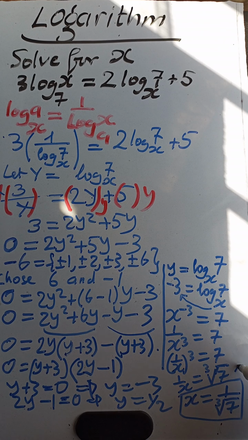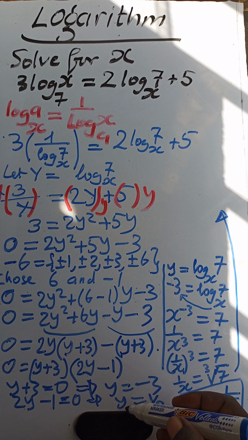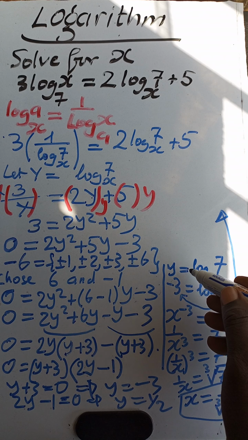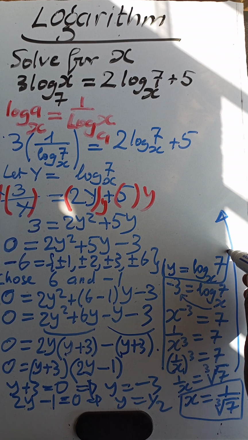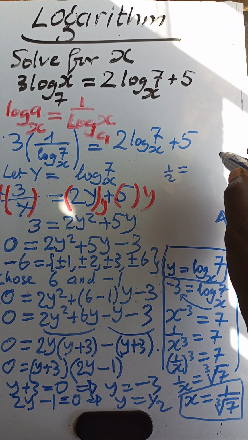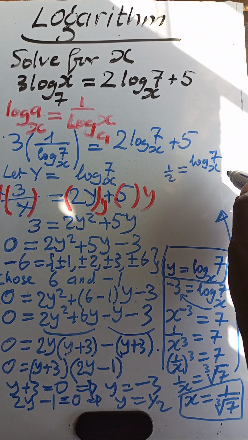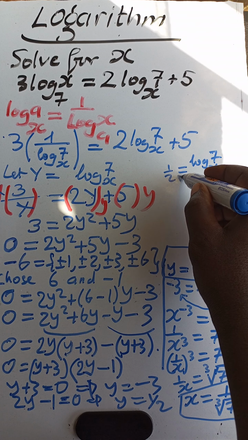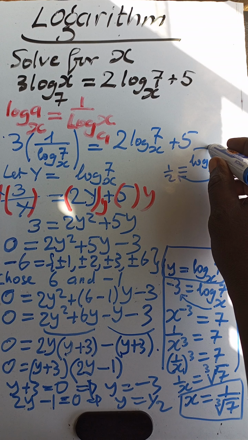Now, next, please just follow the arrow. When we take y equals a half, we still put it there in that expression. When y is equal to a half, we have a half is equal to log 7 base x. The same thing: x raised to a half will give us 7.